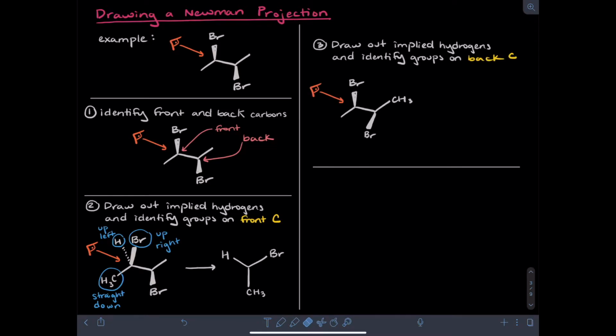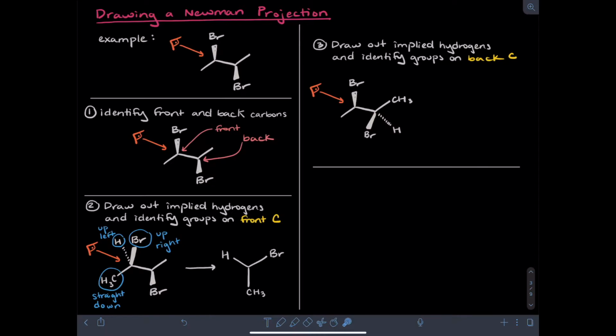Next, you want to think about the back carbon. Draw out any hydrogens that aren't shown in their appropriate location, and then identify the position of the groups on the back carbon from the observer's perspective. So my back carbon already has two lines, as well as a wedged bromine, so my hydrogen needs to be dashed.